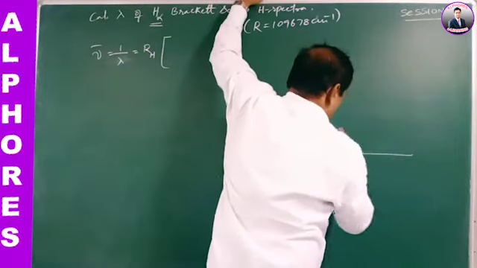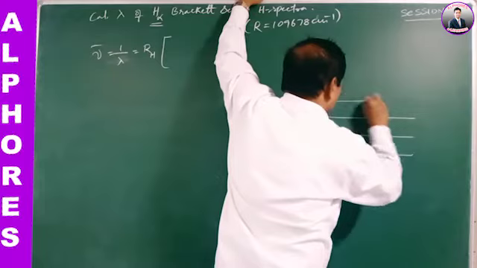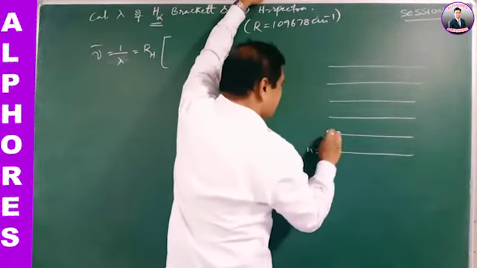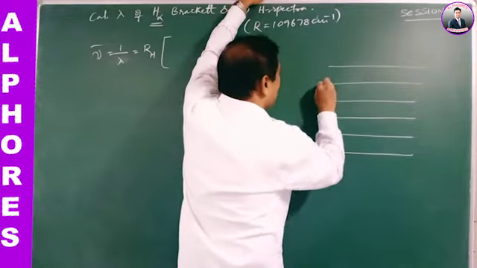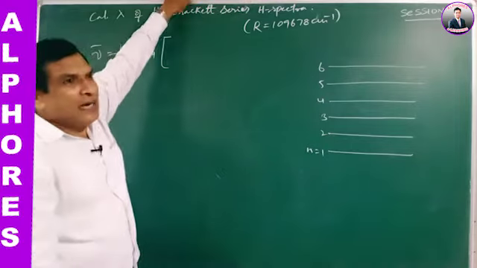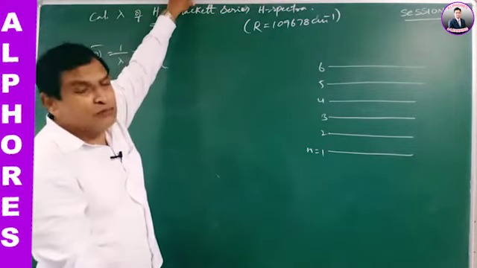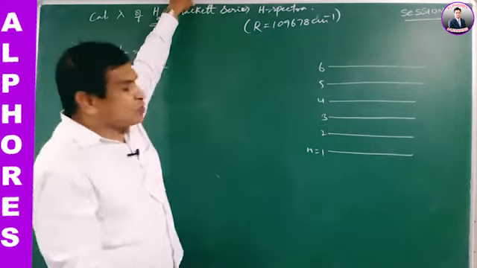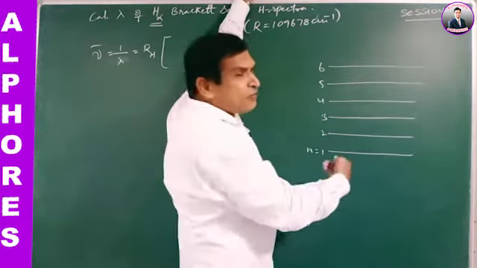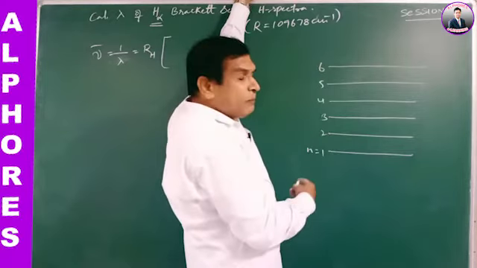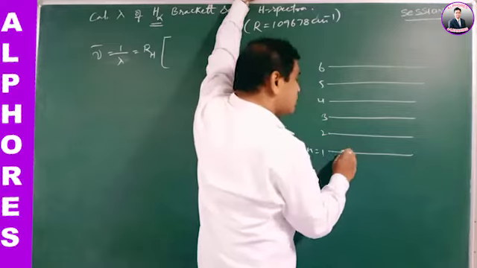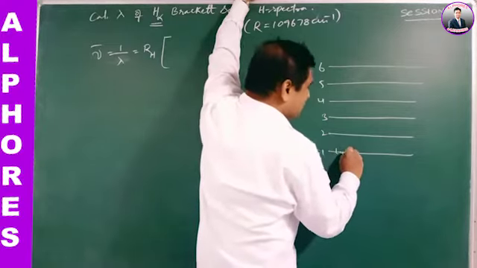First orbit, second orbit, third orbit, fourth orbit, fifth orbit, sixth orbit; n is equal to 1, 2, 3, 4, 5, 6 orbits we took. When an excited electron jumps from higher energy levels to the first orbit, that gives the Lyman series. So it is the Lyman series.